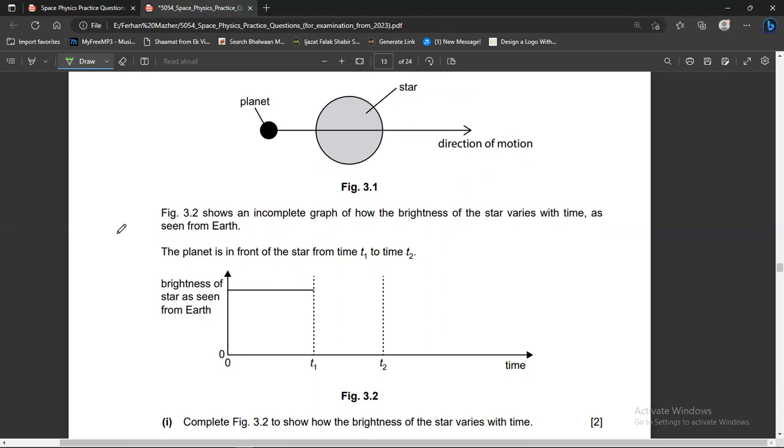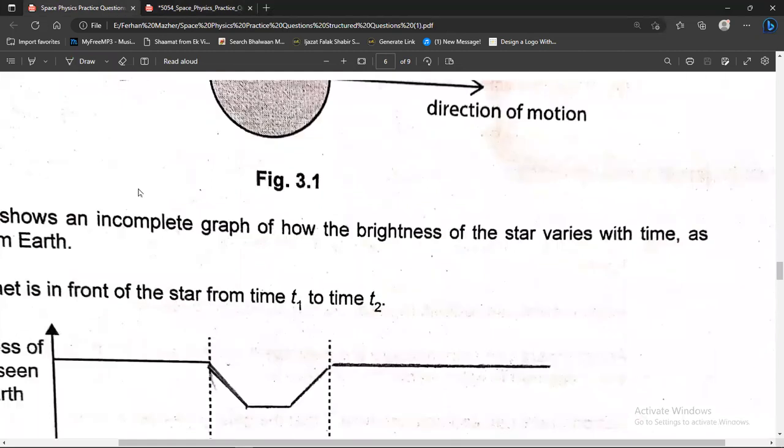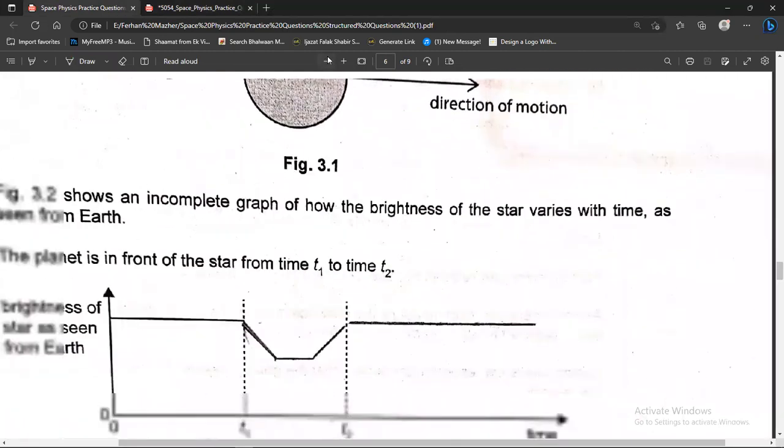So it will not be totally dark, but some of the light is blocked. The light intensity will drop, then for a short time it will become constant, and then the brightness will start increasing again when the planet moves away.